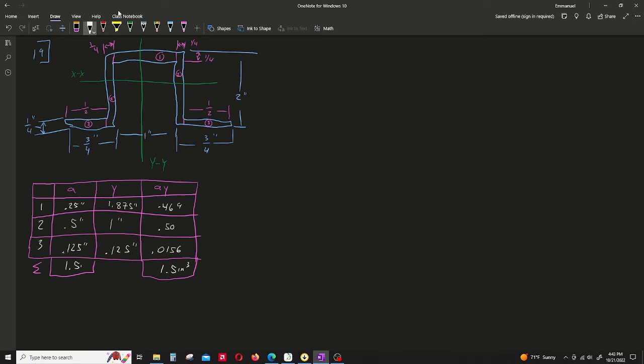So therefore our Y bar is just 1.5 divided by 1.5, which gives us a total value of 1 inch.